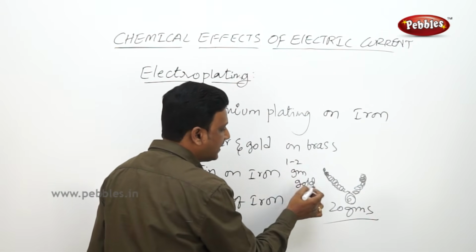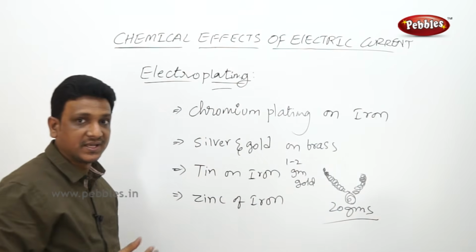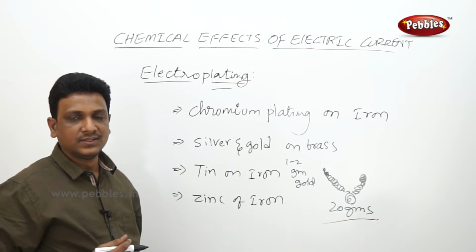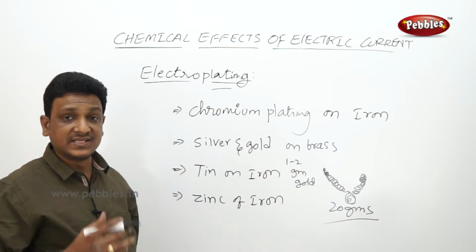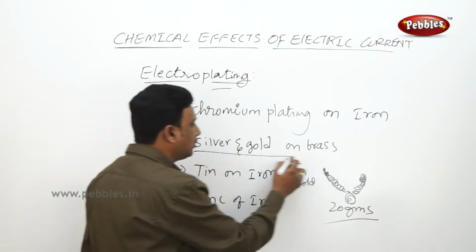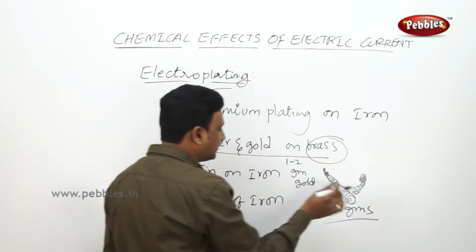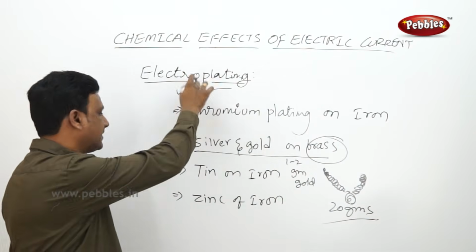So gold will be plated on this jewelry by the electroplating technique. It appears like a gold one. So these are gold plated ornaments. Silver plated ornaments, you can plate silver also. So silver and gold on brass and other metals, they will coat the silver, they will coat the gold by the electroplating technique.